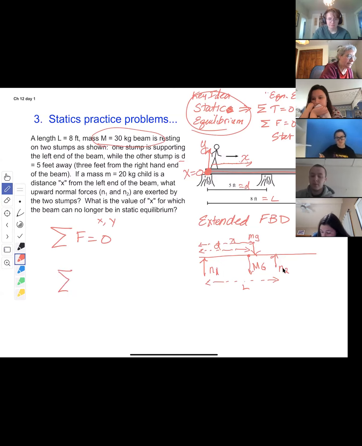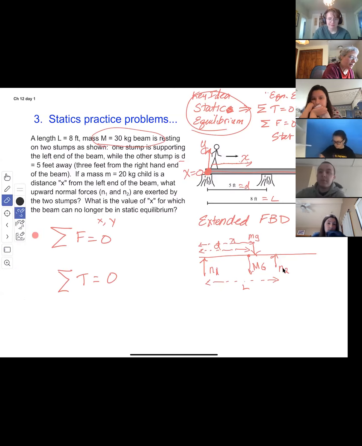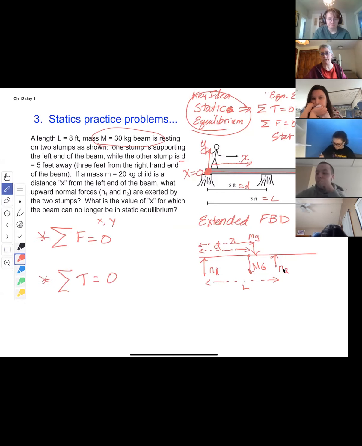I also have the distance information, so I can also figure out the sum of the torques and set that equal to 0. So that's what I want you to do in the breakout rooms. For this particular problem, set up the equations for the sum of the forces equals 0 and the sum of the torques equals 0.